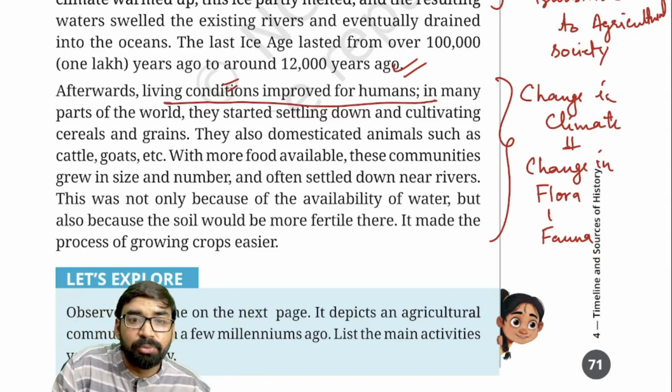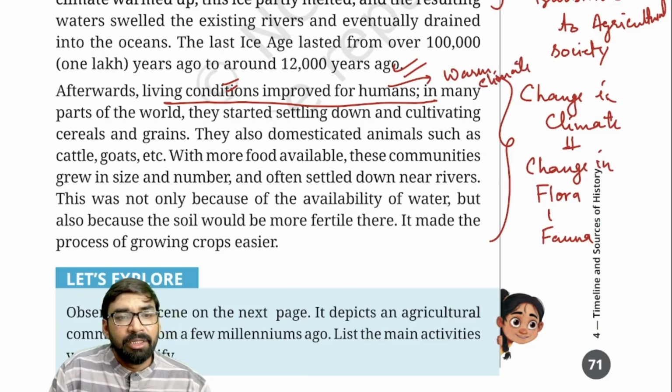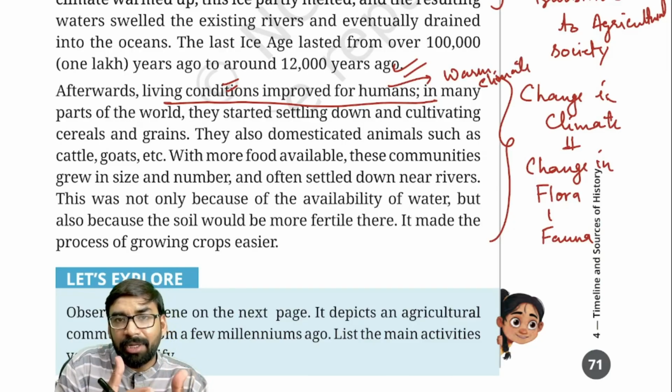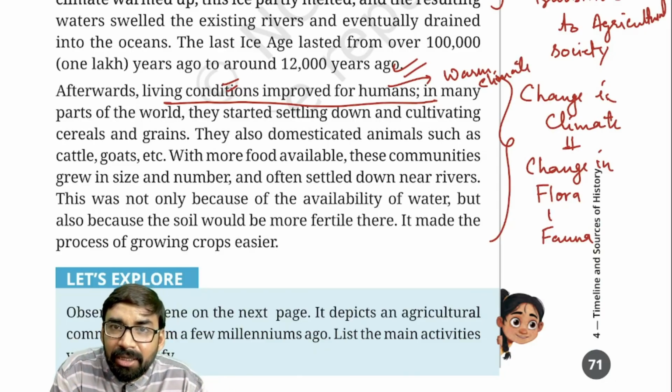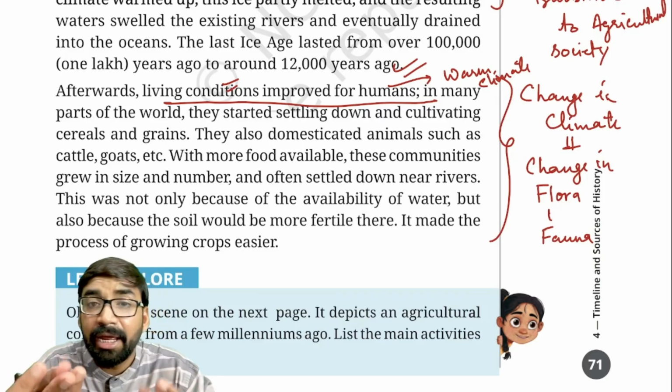So living conditions improved for humans. Why? Because ice age ended and warm climate started.